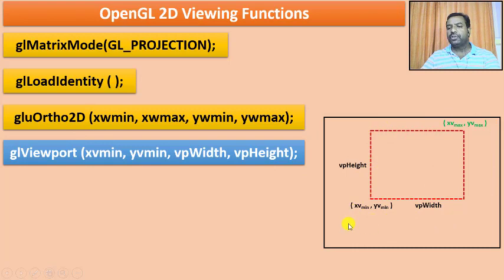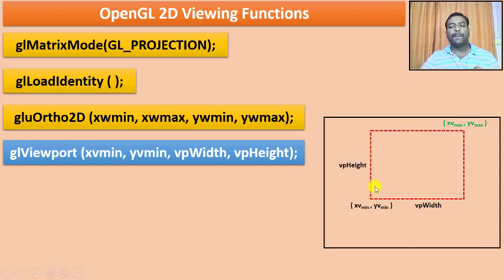Fine. Now once we have the clipping window, the next thing is you need to set the viewport. To set the viewport, I am going to use the function glViewport, which takes 4 parameters. The first 2 parameters are the bottom left corner of the viewport. The next parameter is the width you are going to set, and the 4th parameter is the height you are going to set.